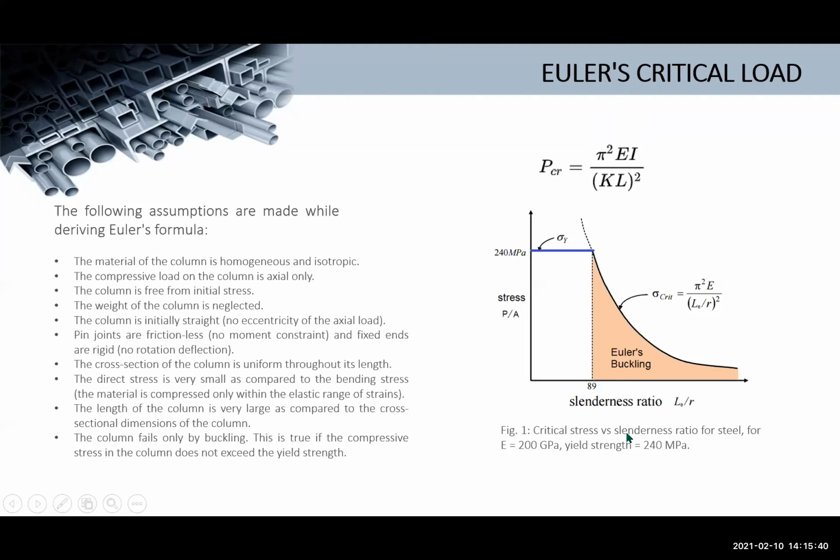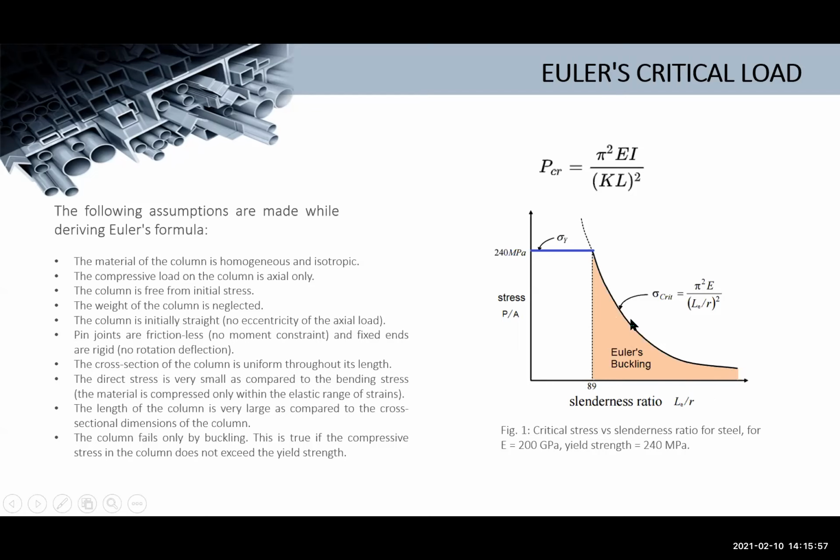Here, critical stress versus the slenderness ratio for steel. We have E equal to 200 GPa, yield stress equal to 240. This is just an example visualization of the slenderness ratio. This is the stress, and this is the slenderness ratio.